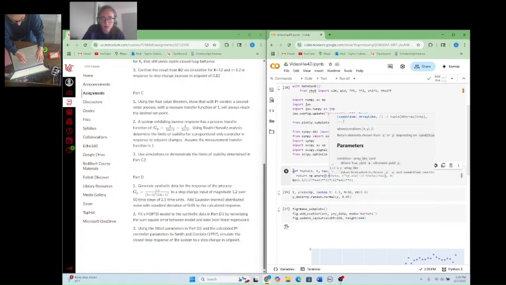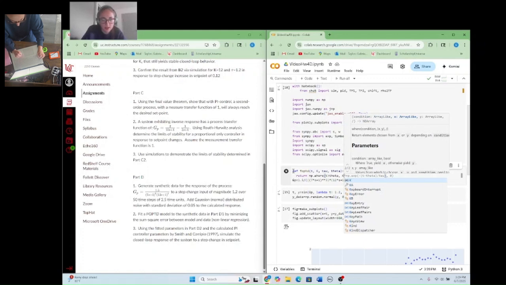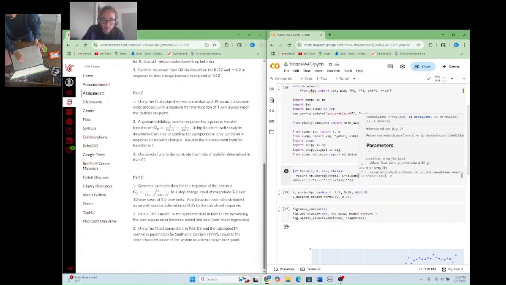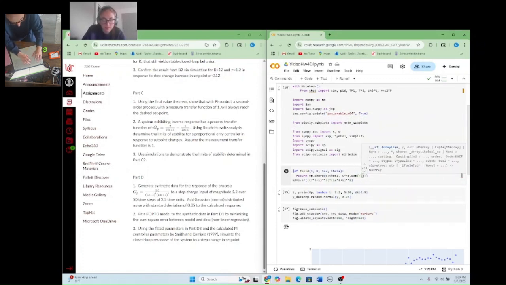So our t is going to be greater than theta, and then we're going to have k times np dot exp of negative t minus theta.